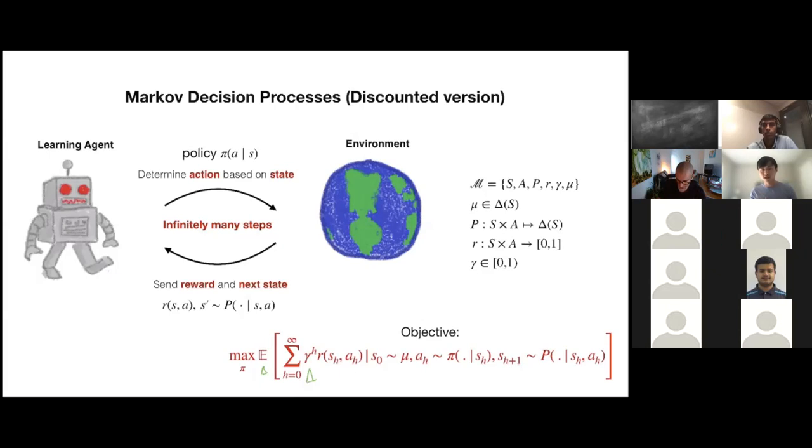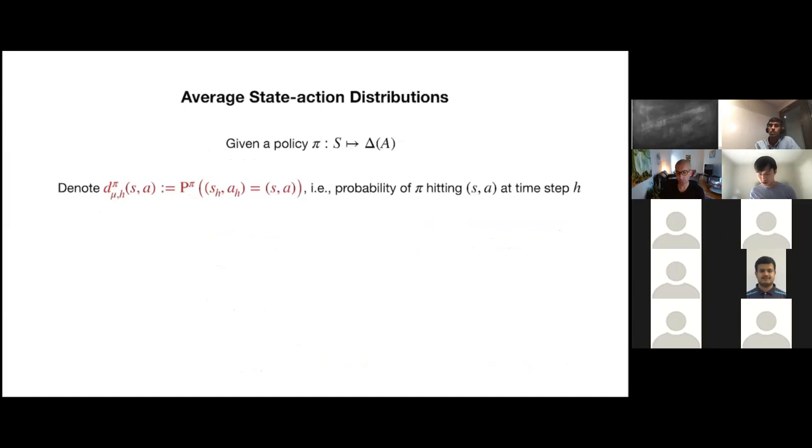Okay, so this is the infinite horizon discounted setting. Now let's talk about some definitions, some notations. The first notation is the state action distribution.